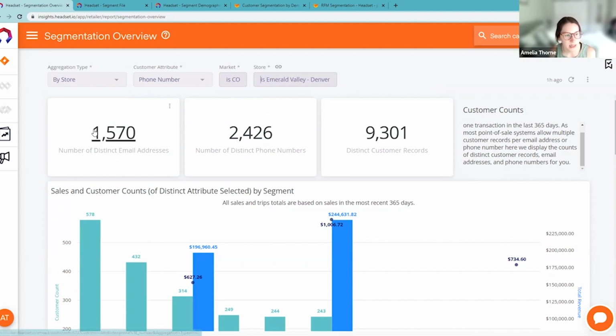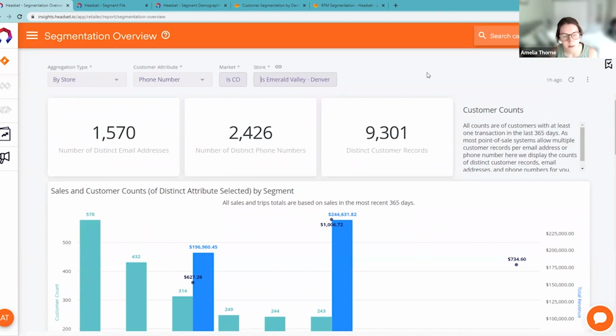With all this criteria selected, we can look at the number of distinct email addresses. We have about 1,500 or so email addresses being collected, about 2,400 distinct phone numbers, and the distinct customer count is around 9,000. Over here at the very right, we give a little background as to what these numbers mean. We are collecting all the transactions within the last 365 days.